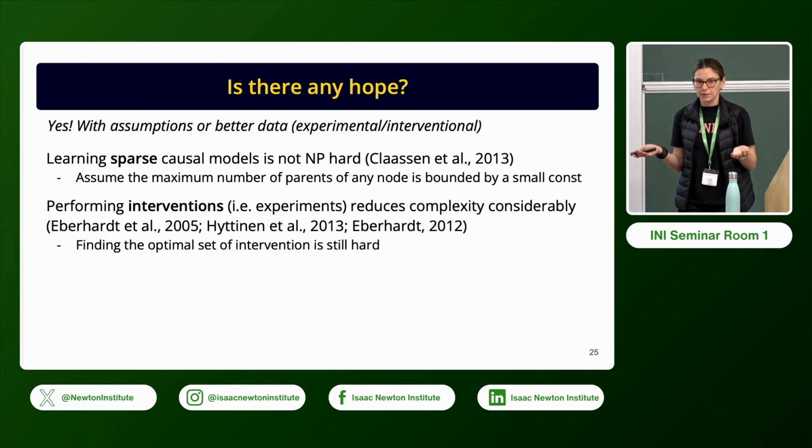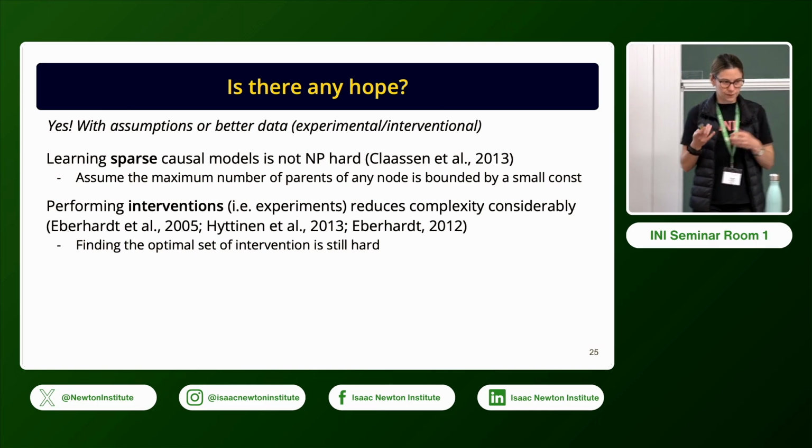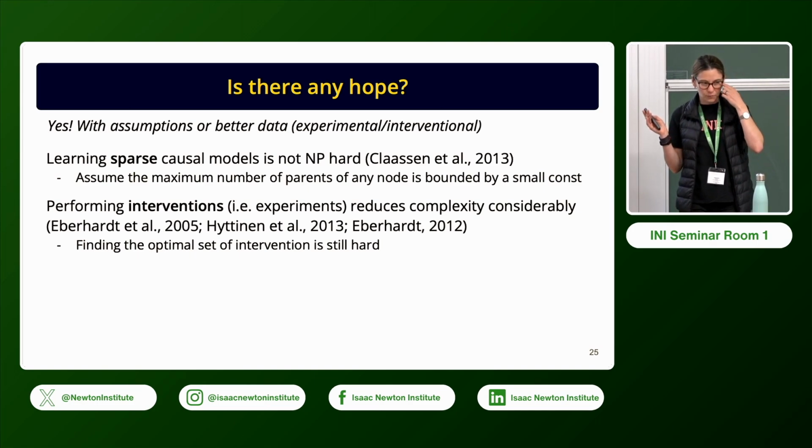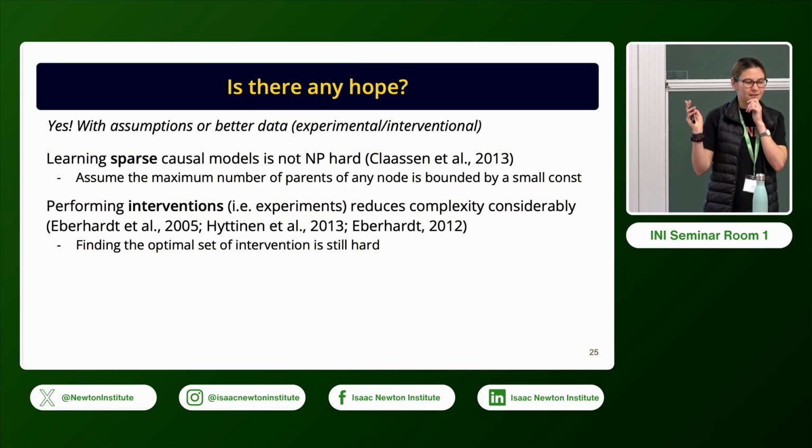In many cases, that might be a reasonable assumption to make. And then you can actually proceed with something that runs, I think, in polynomial time, but I will check the reference.